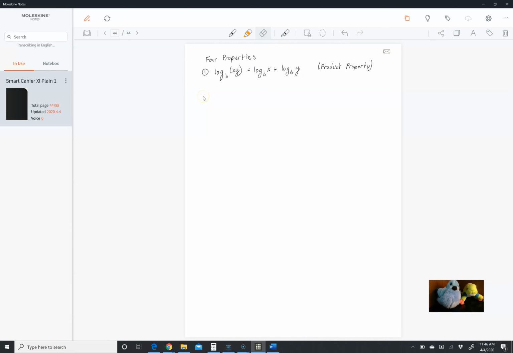The second one is kind of intuitive because it's based on this one. It's saying if instead of multiplying, you're dividing, then when you break it up, you subtract.